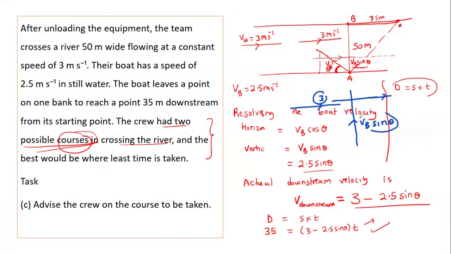This negative shows that the velocity of water is greater than the velocity with which the boat moves along. I don't know whether you are getting it. I'm getting it, sir. So that's why we are subtracting. Okay, thank you, sir.